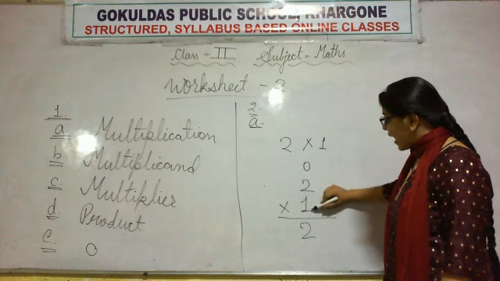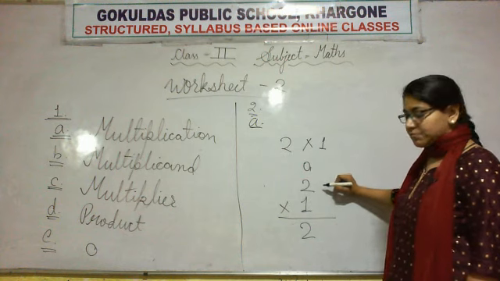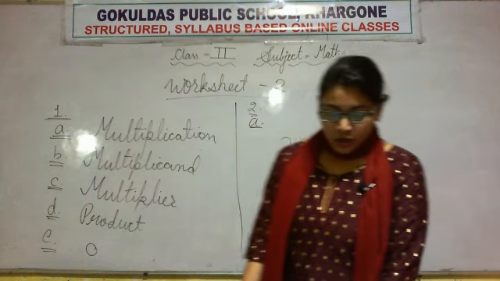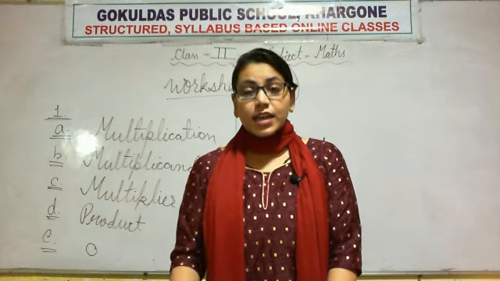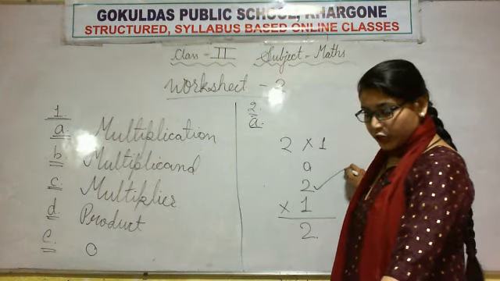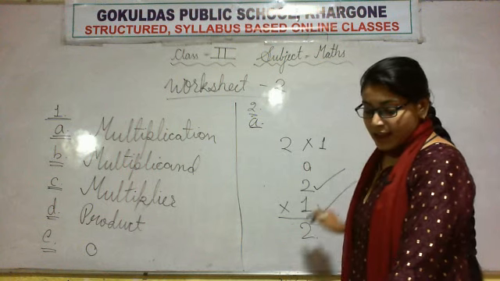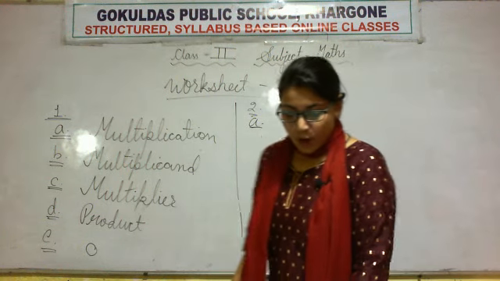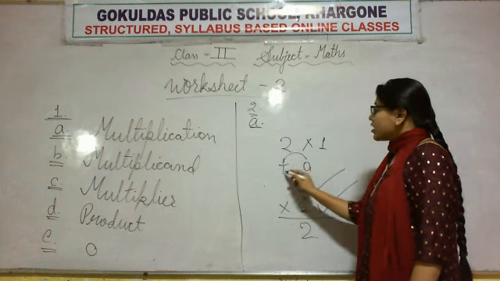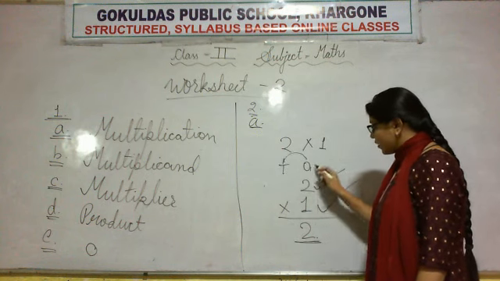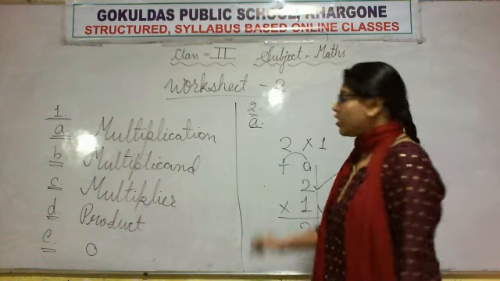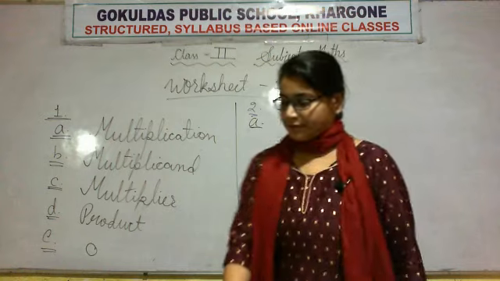So we multiplied by 1 and got the result in the 1's place. One place ahead means the 10's place, but we got the result in the 1's place. It means this statement is wrong. So we will write F.